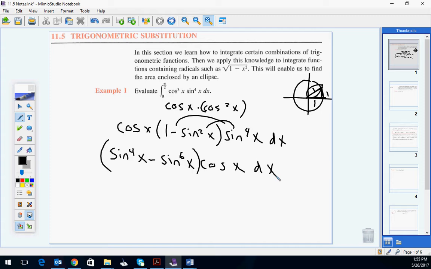So let's answer this general question. What would my u be here? I'm doing substitution, I've already given that away. What would u be? Sine. What's du? So we now have things in a very workable situation.